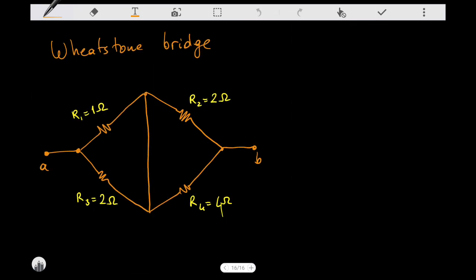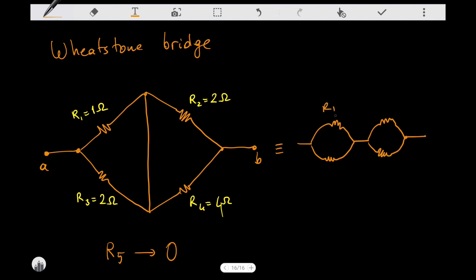Or again, just like in the previous problem, this is an alternative solution. I can replace R5 with 0 ohms. That means I can connect these 2 points with a wire, in which case I have this kind of arrangement. R1 is in here and R3 is in here, and R2 is in here, and R4 is in here. So that's R1, R3, that's R2, R4.